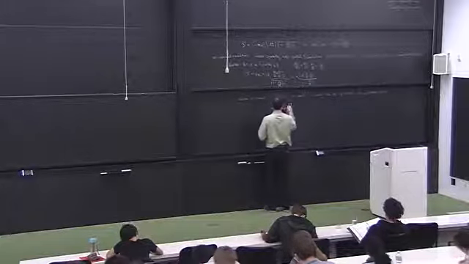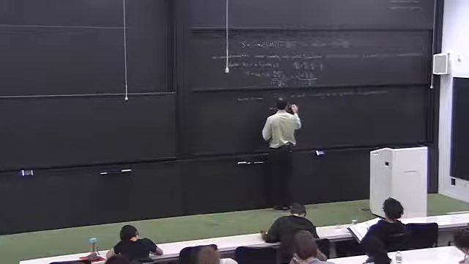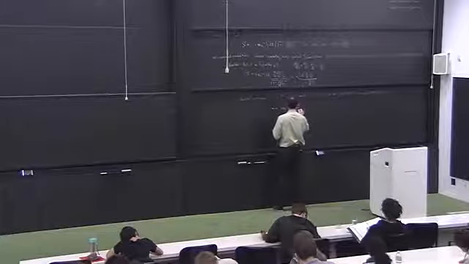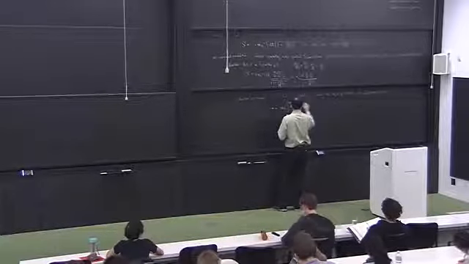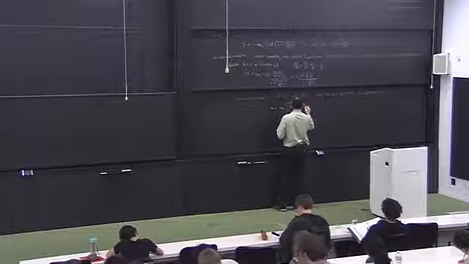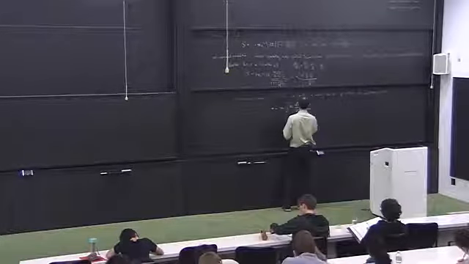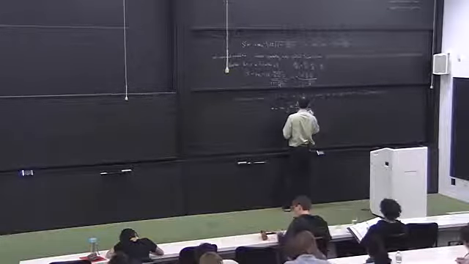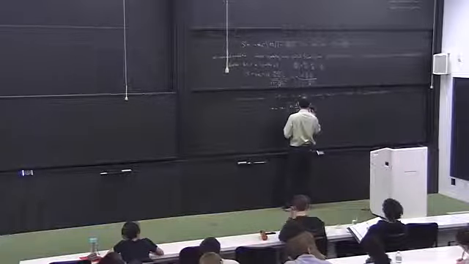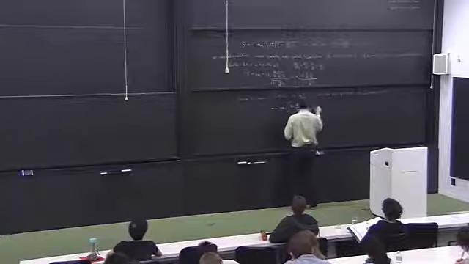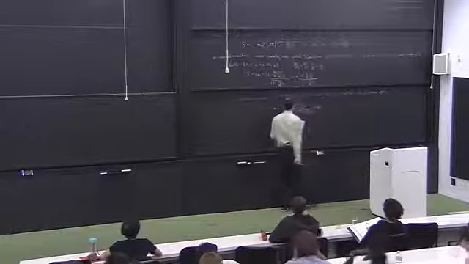I get m naught integral dt d/dt of dx/dt over the square root of 1 minus dx/dt squared over c squared, multiplied by epsilon of t.